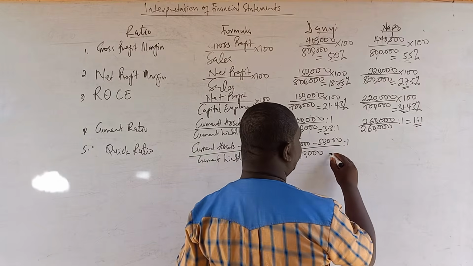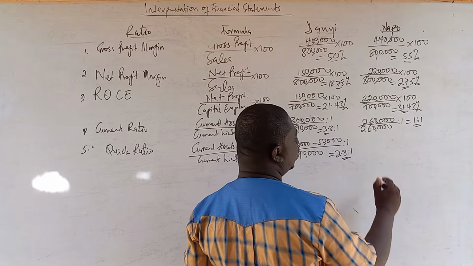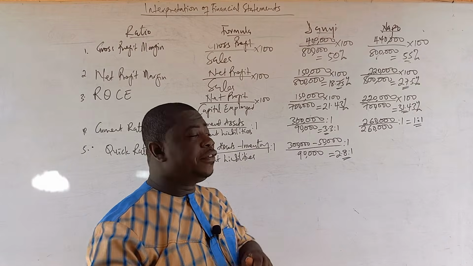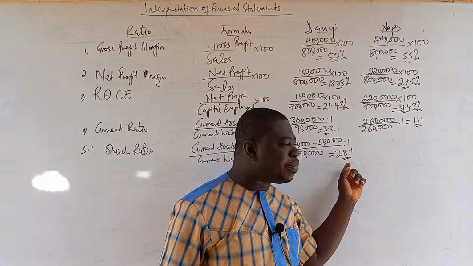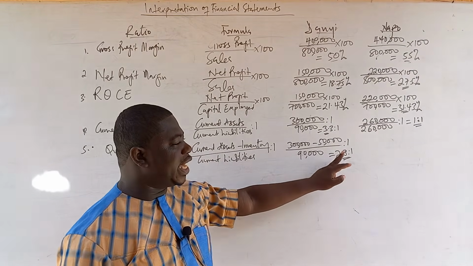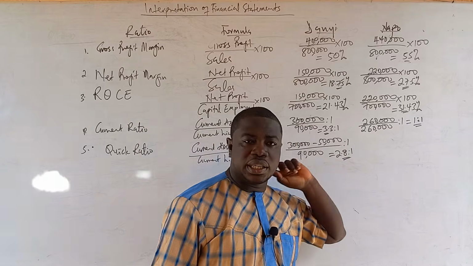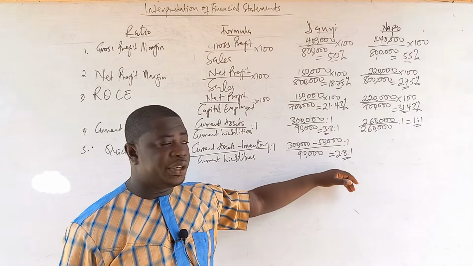Now, this is going to give us a quick ratio of 2.8 is to 1. Fantastic. It means that even if you take out inventory, Danny still has 2 cedi 80 pesos to pay every 1 cedi debt that they owe, or $2.80 to pay every $1 that they owe. And this is a very impressive performance in terms of liquidity.